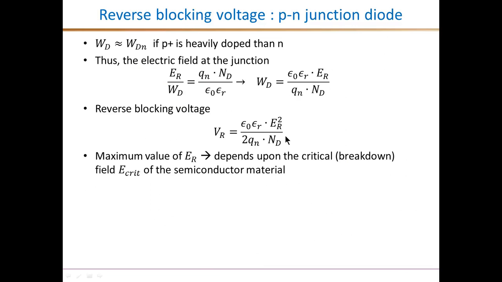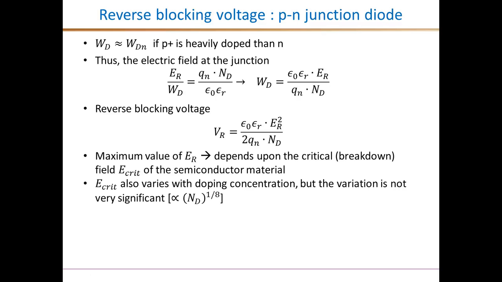In this equation for the voltage, clearly ER depends on the critical breakdown strength, E critical, of the particular semiconductor material. Also note that E critical depends to a very small degree on the doping concentration ND, but that, as seen by this expression, is quite negligible.